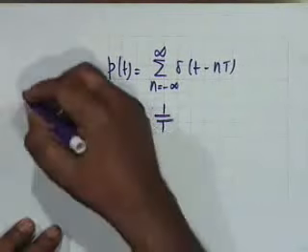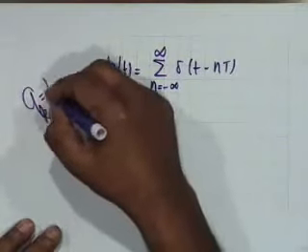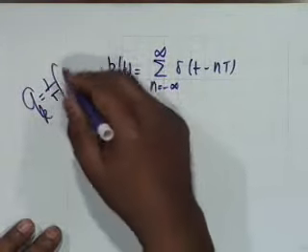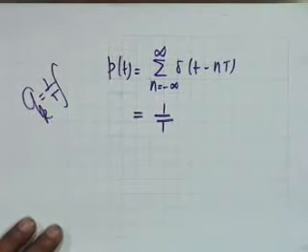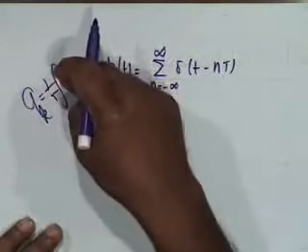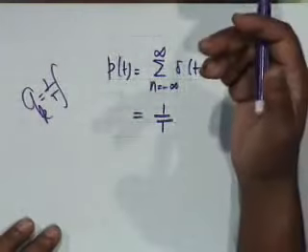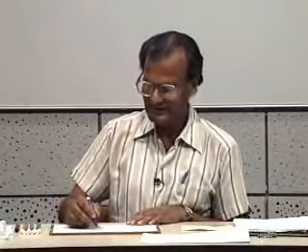If you recall the expression for the a k's, 1 by capital T times the integral over the period of the function multiplied by e to the minus j k omega 0 t dt. Okay. So the Fourier series has this representation.